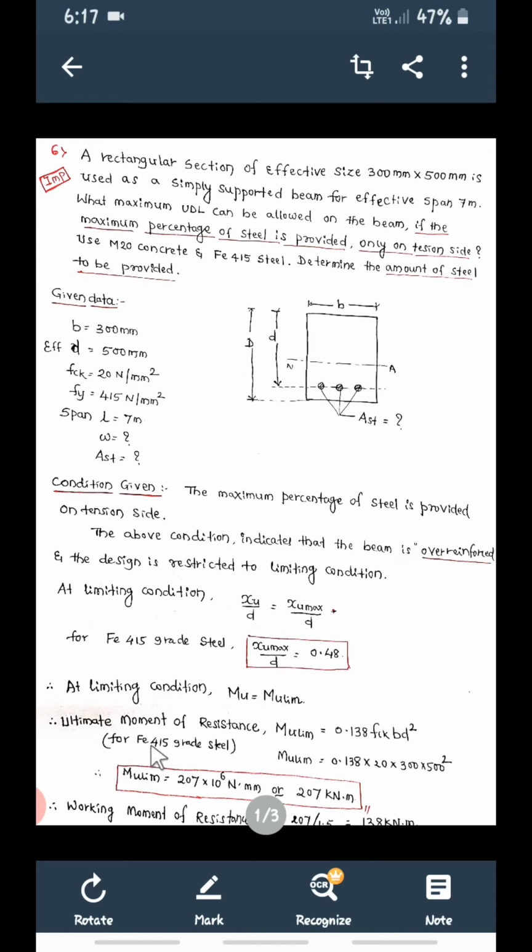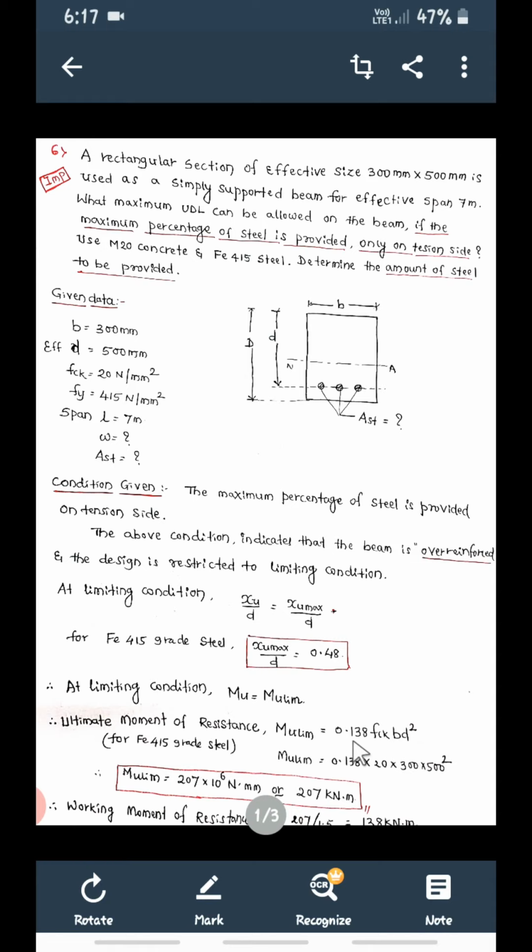Ultimate moment of resistance Mu limit is equal to, again for Fe415 grade steel, what is Mu limit? 0.138 fck b d square. Okay, for this Fe415 grade steel, Mu limit is equal to 0.138 fck b d square.